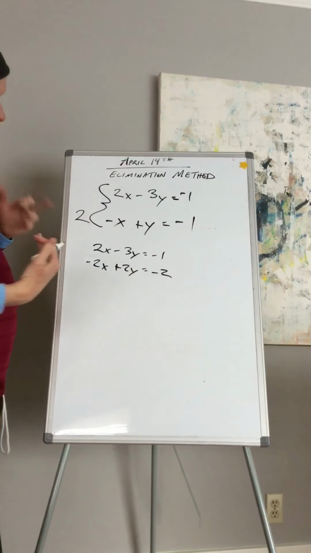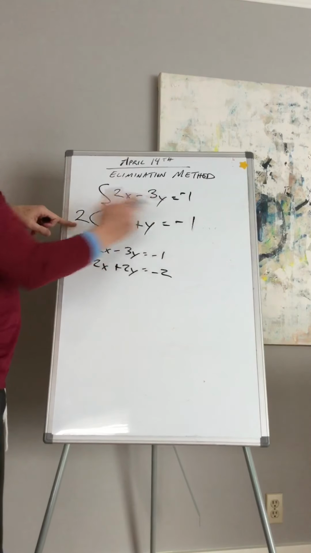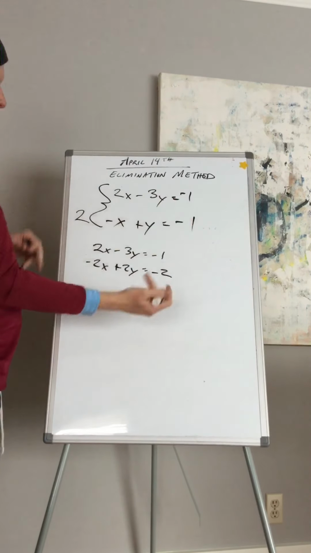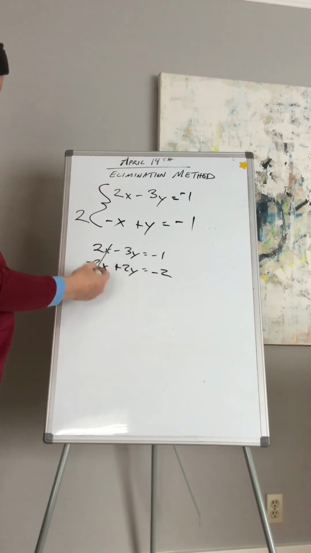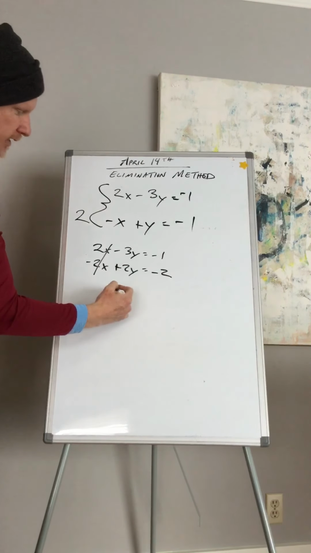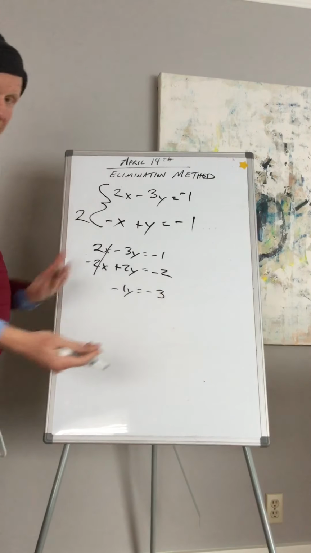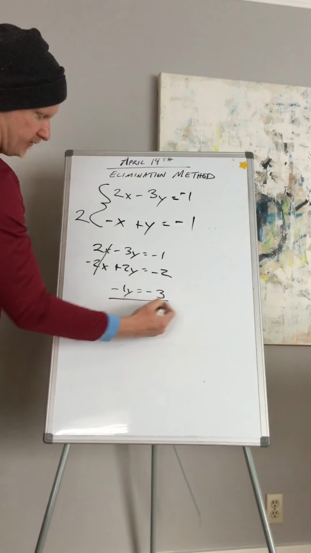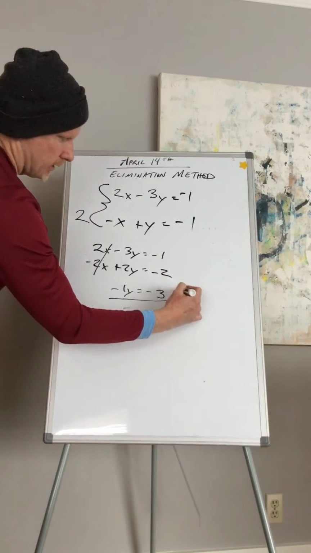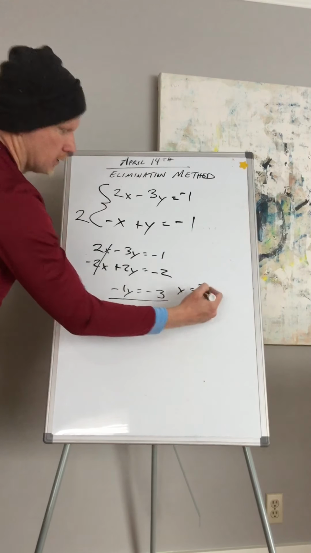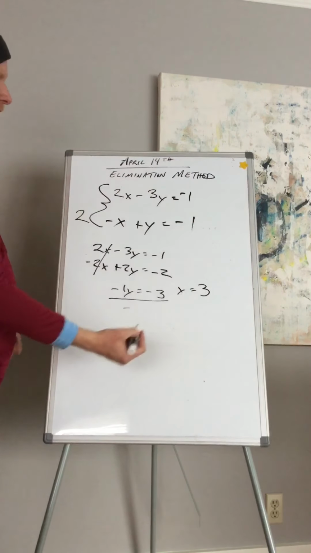Sometimes kids and students and everybody else forgets to multiply this number out here by the value over there. So these cancel out because they're 0. I get negative 1y equals negative 3 because I'm adding. And I divide by a negative, so y equals 3. And I plug it back in.